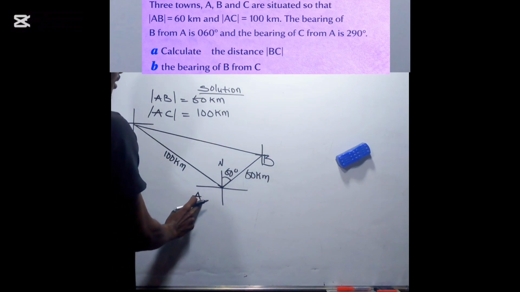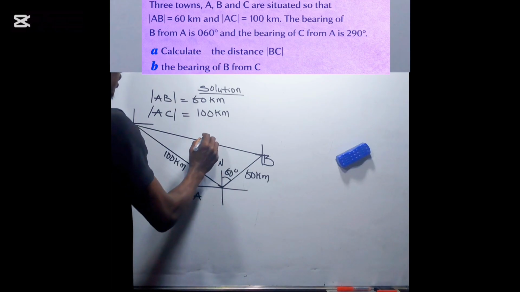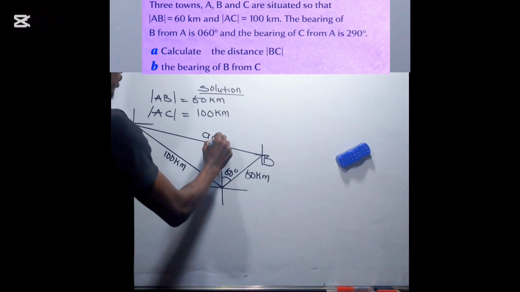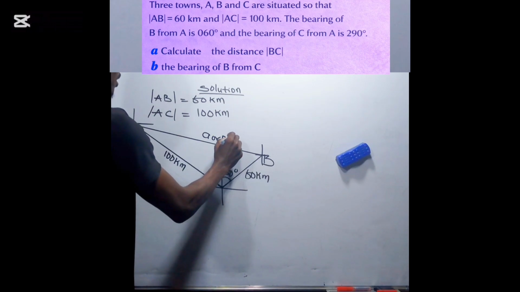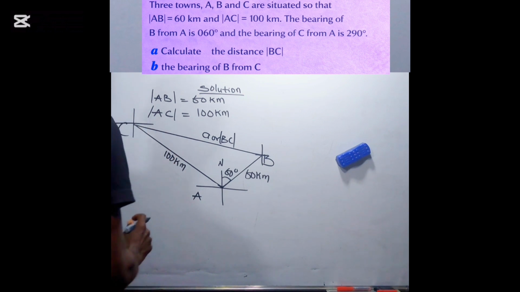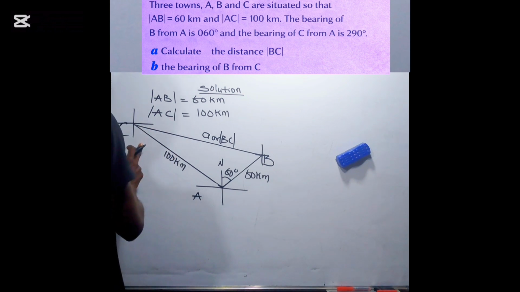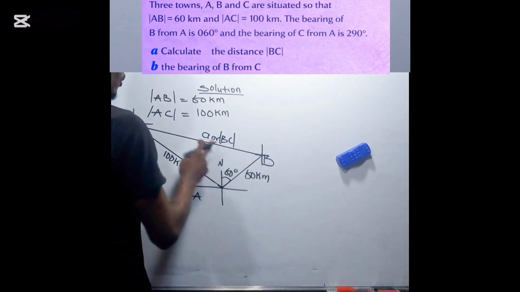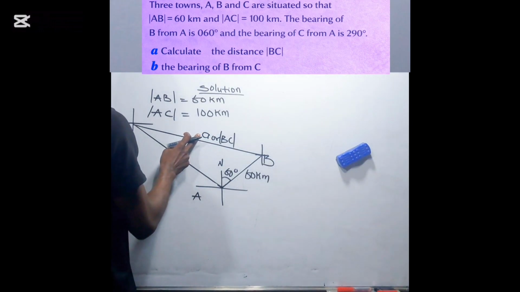This is point A, and opposite A, let's call it small a, which is also referred to as distance BC. To find distance BC, we are given length AC and length AB. We are asked to find length BC.